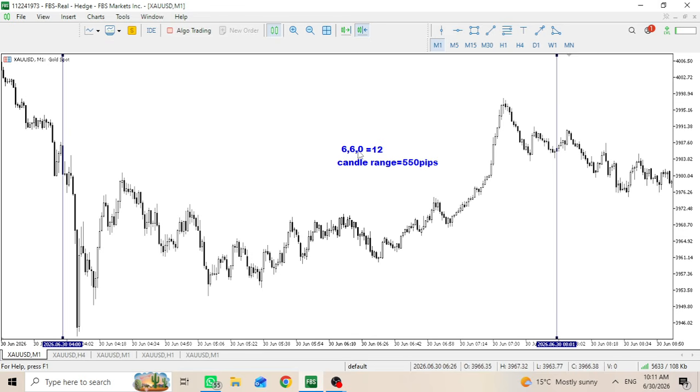From there, you will take 6, divide by the total, multiply by 55. So let's move forward.